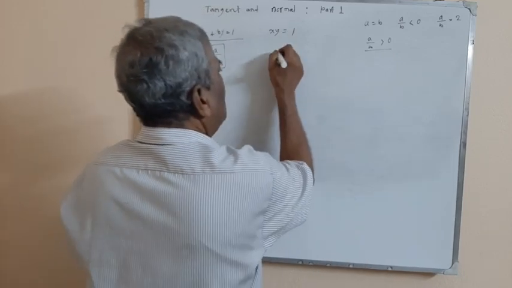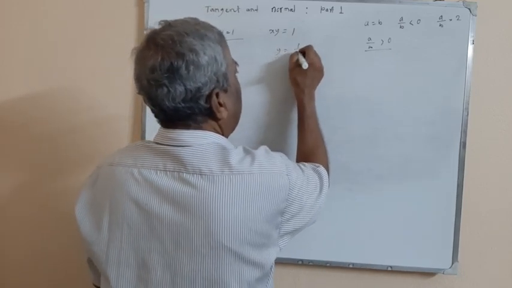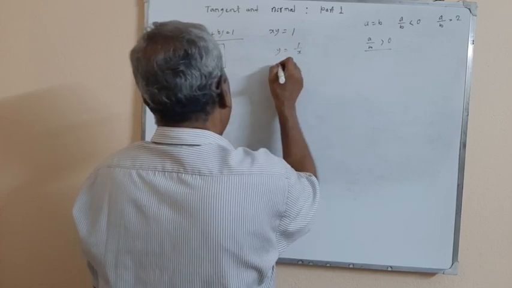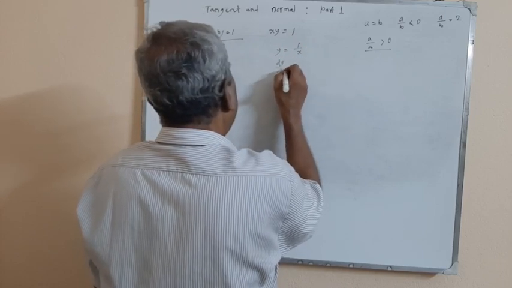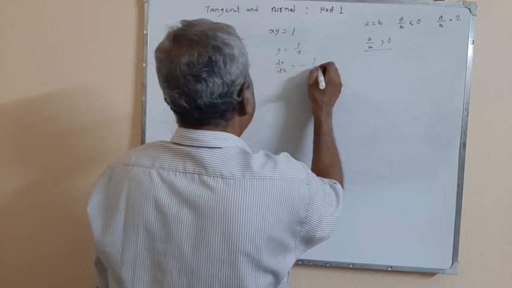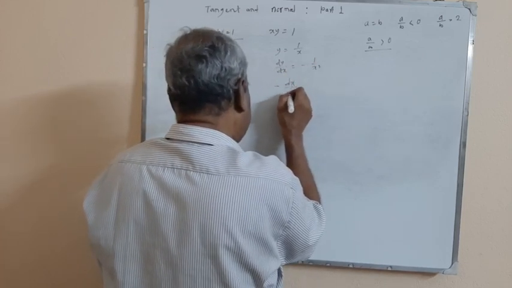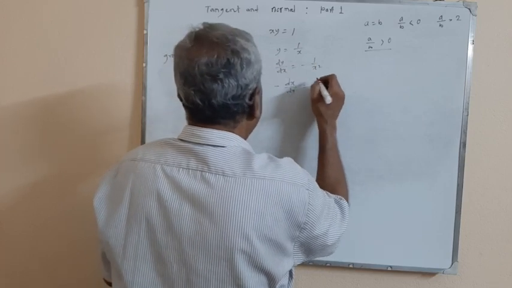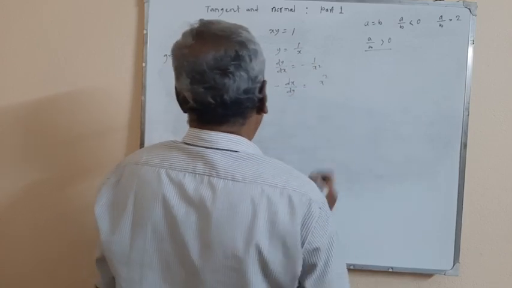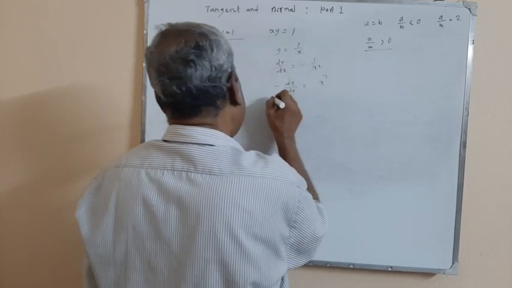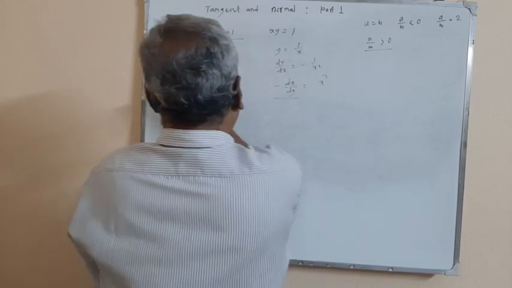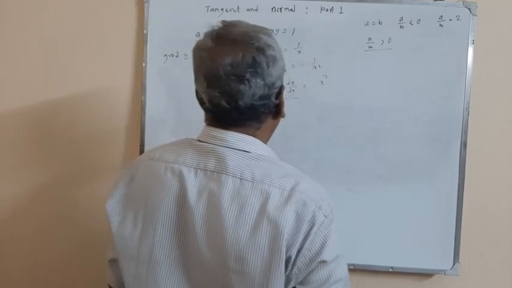So from there, y is equal to 1 by x, dy by dx is minus 1 by x square. Therefore, minus dx by dy is equal to x square. This is the gradient of normal.